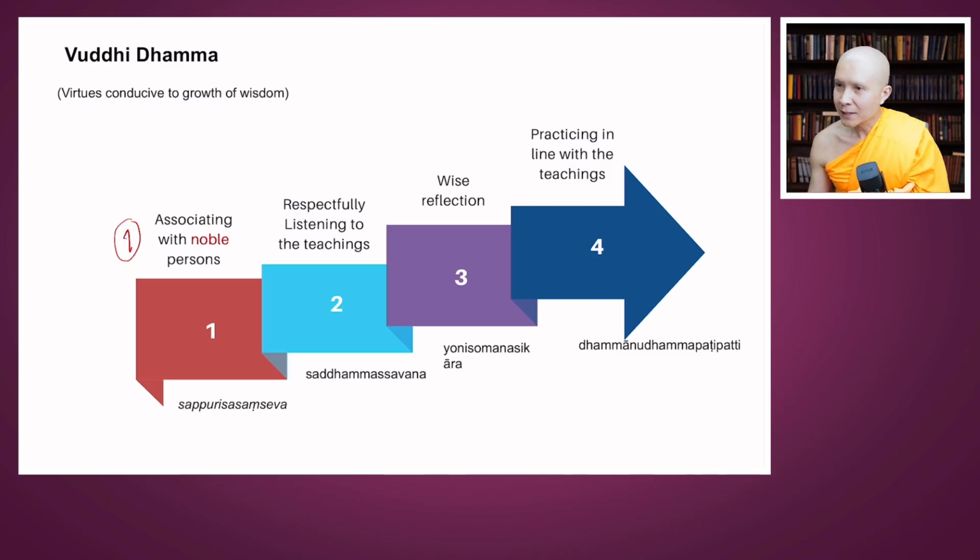So finding a good teacher is the starting point. If you want to practice meditation and you don't know how, then you do some research. You find which teacher you feel comfortable with, then you go learn from those teachers. That's the starting point, and it saves a lot of time.